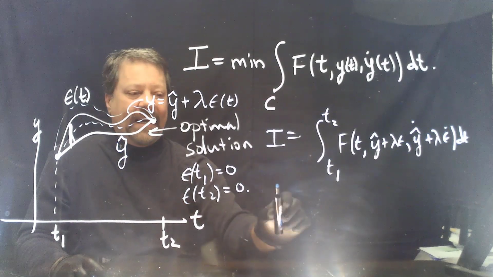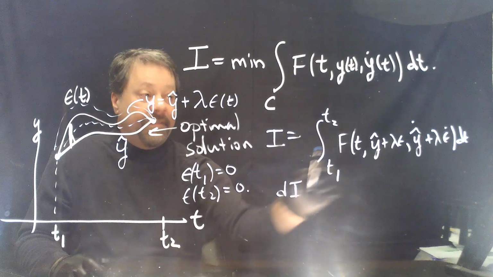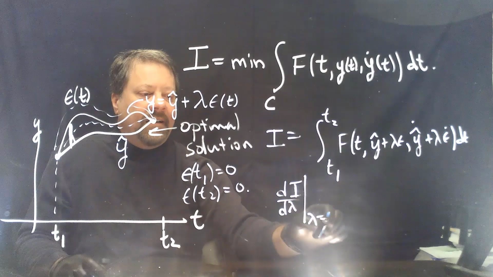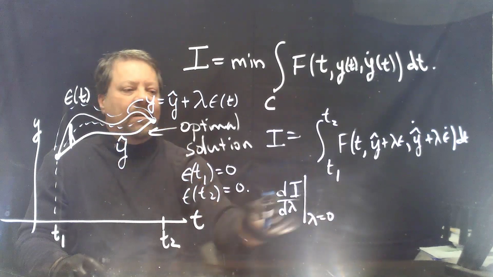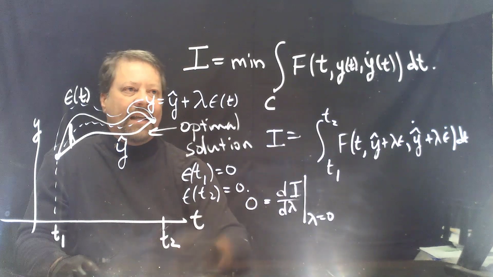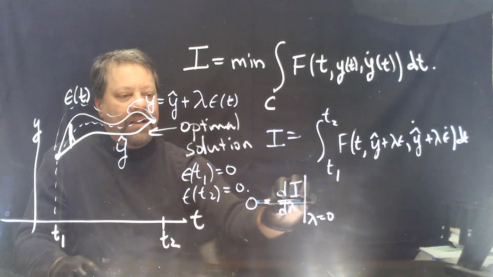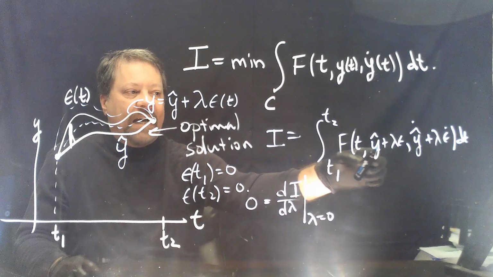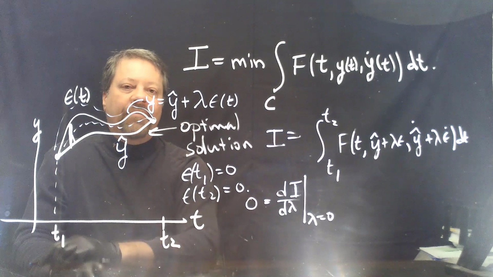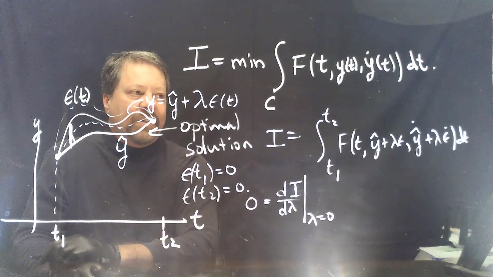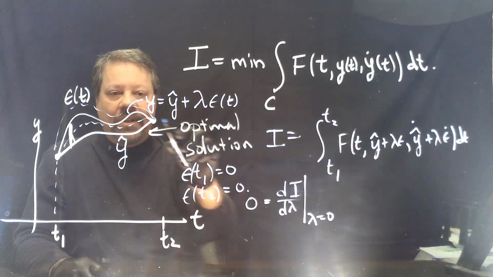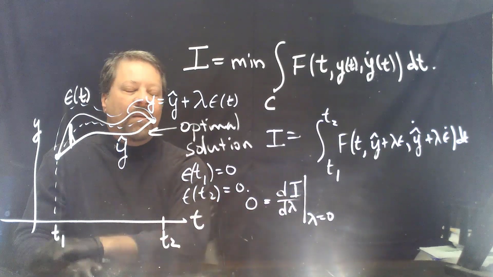So we expect that if we take the derivative of this version of I with respect to lambda and evaluate at lambda equals 0, we should get 0. We should not have the optimal I, the minimum I, if we perturb off a little bit from the optimal path in either direction. And so the derivative of this functional I with respect to this little perturbation value lambda at lambda equals 0, which means on the optimal path, should in fact be 0.